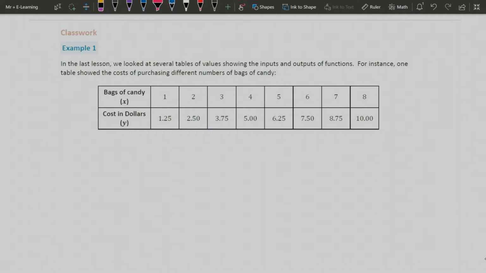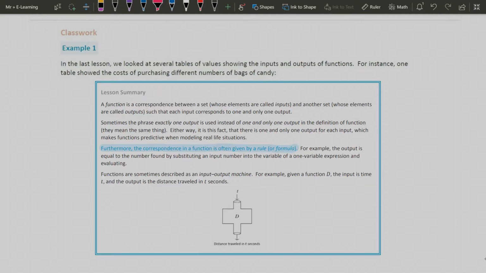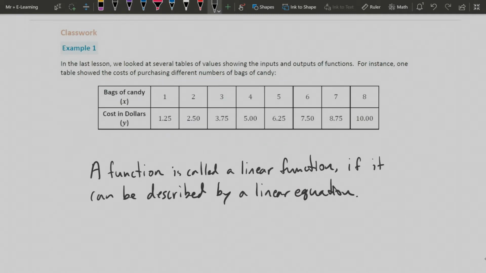That's just a regular function. A linear function is a function, but the specific rule that assigns to each input value exactly one output value is a linear equation.